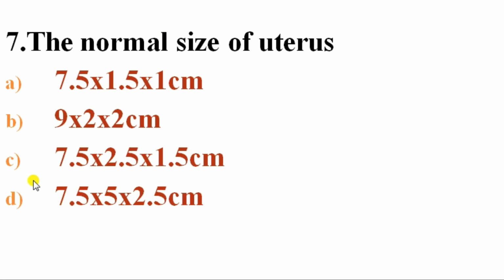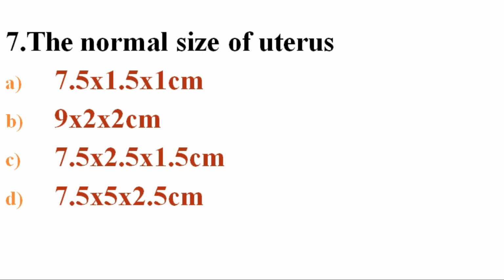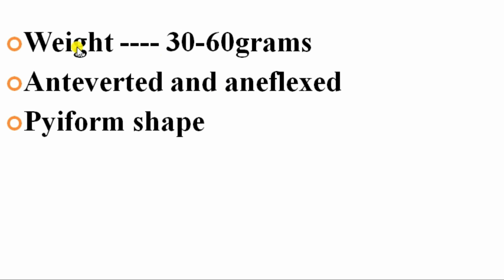Answer is D. So the normal size of uterus is 7.5 cm into 5 cm into 2.5 cm. The normal weight of the uterus is 30 to 60 grams. The normal position of the uterus is anteverted and anteflexed. And the normal shape of the uterus is pyriform shape.